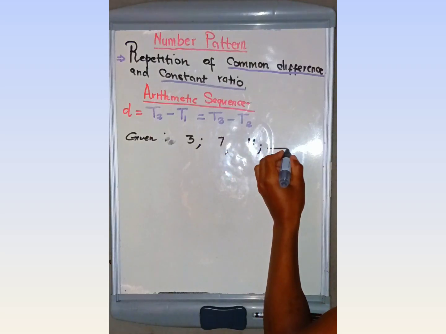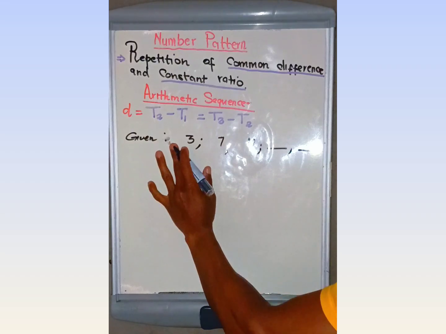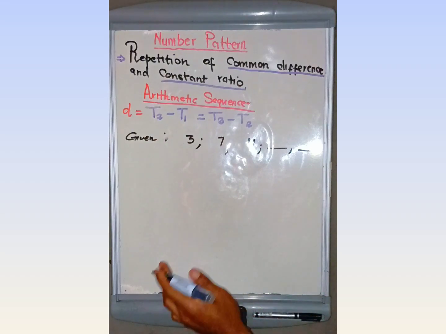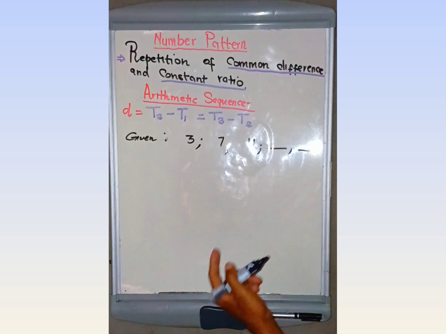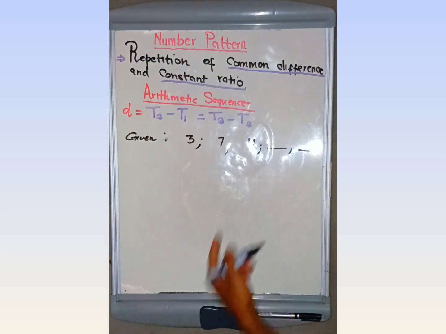Then they didn't say anything else here. Then the first question comes out on the exam. Prove this sequence is an arithmetic sequence or a geometric sequence with 3, 7, and 11.